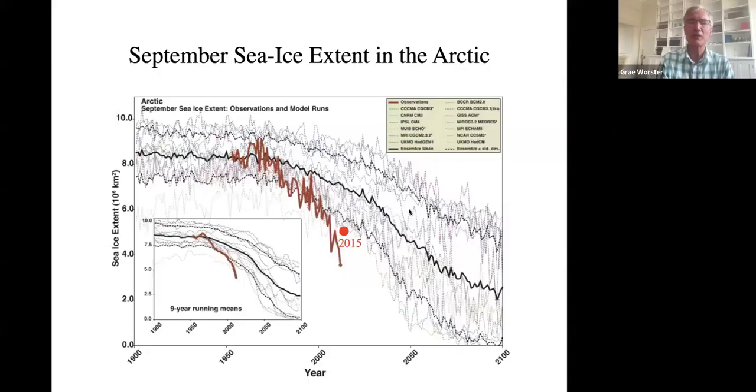And so this big array of graphs here, a whole ensemble of different climate models and their prediction for the sea ice extent. And here we see nature diminishing much more rapidly even than climate models are predicting.